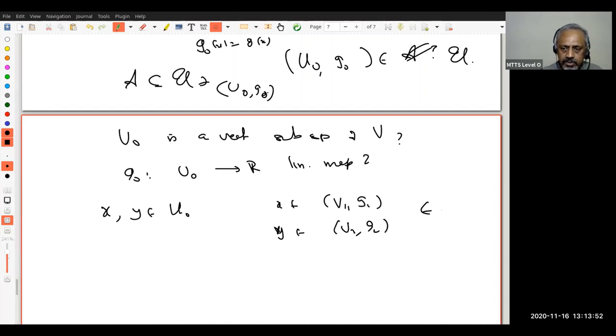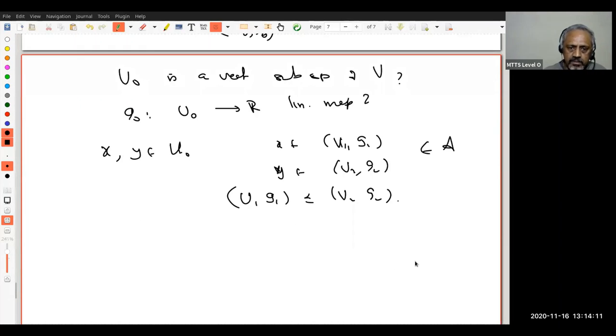Where are they? Both are elements in script A. What is script A? It's a totally ordered chain. Therefore, what do I know about u1 g1 and u2 g2? One must be less than or equal to the other. Again, without loss of generality, let me assume this is less than or equal to u2 g2. Therefore, x, y both belong to u2, and u2 is a vector space. But u2 is a subset of u0.